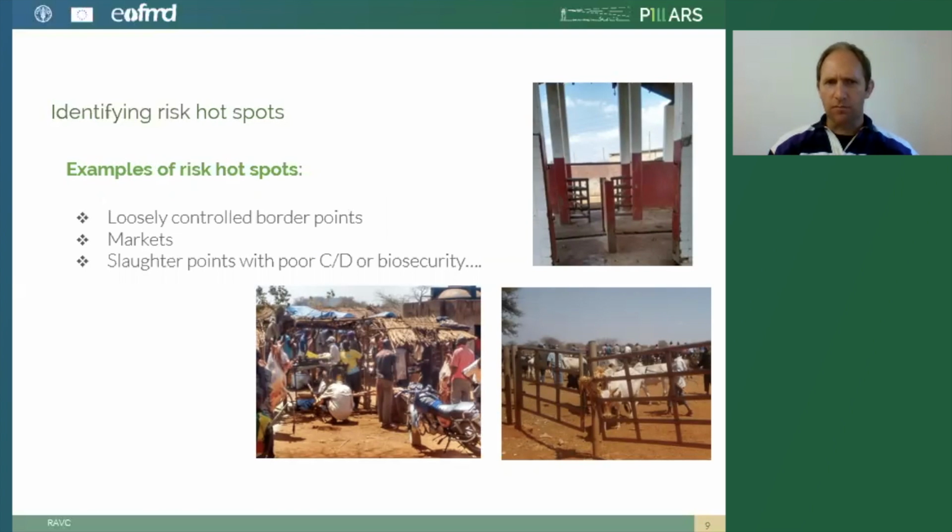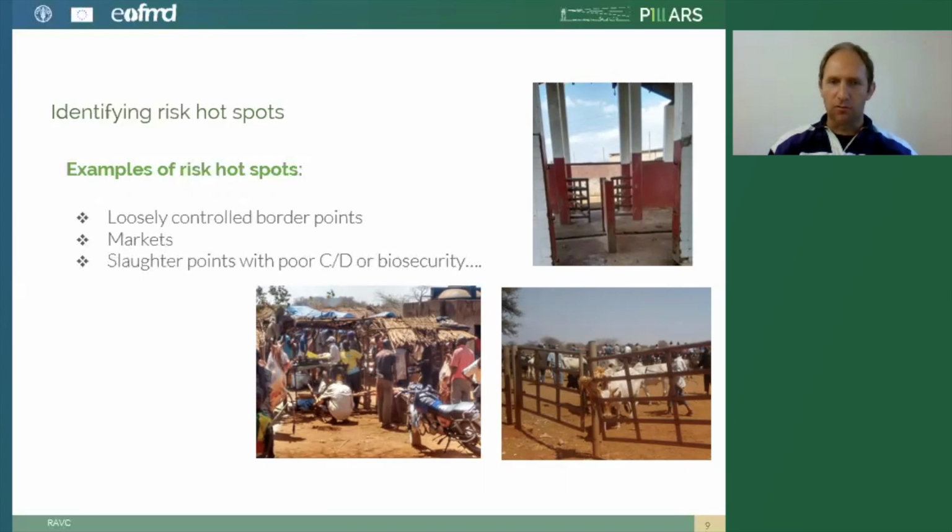So typical hotspots you might have here are, say, uncontrolled borders, a risk of FMD entry into the country, markets, particularly if there's poor biosecurity or movement controls allowing the transmission of the virus, not just locally, but maybe even long distance movements as well.